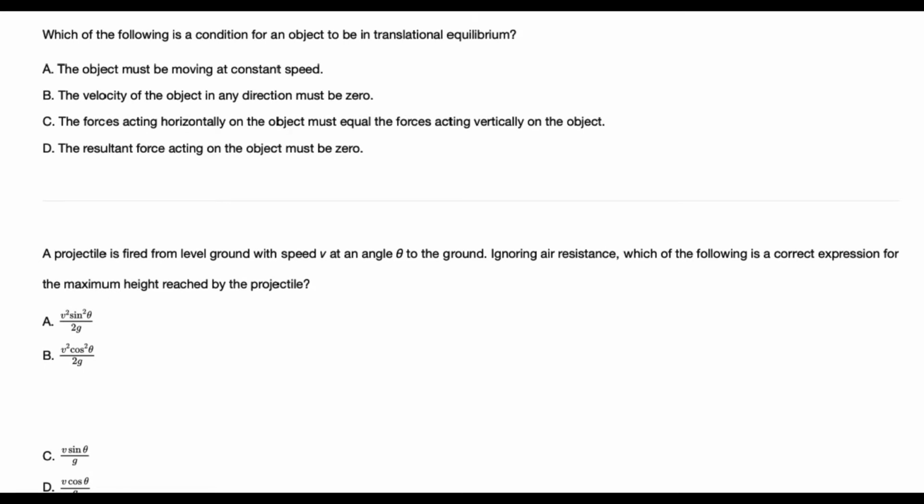Which of the following is a condition for an object to be in translational equilibrium? We know when an object is in translational equilibrium, the net force of the system, or the resultant force of the system, must be equal to 0 Newton. So D is the correct answer. A says the object must be moving at a constant speed. This is wrong because the object can also be stationary.